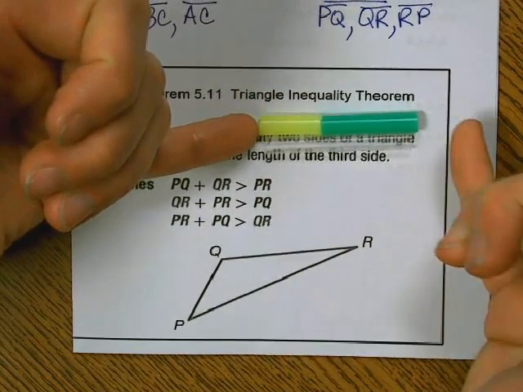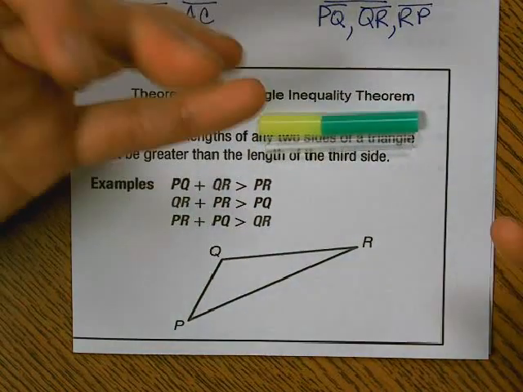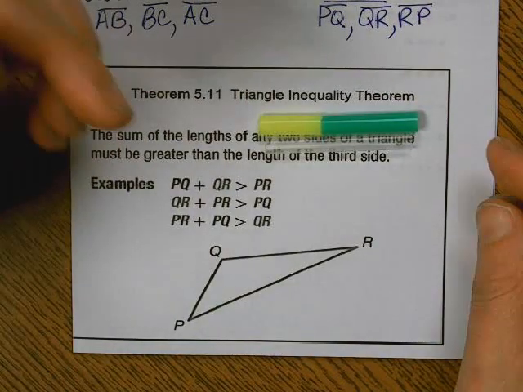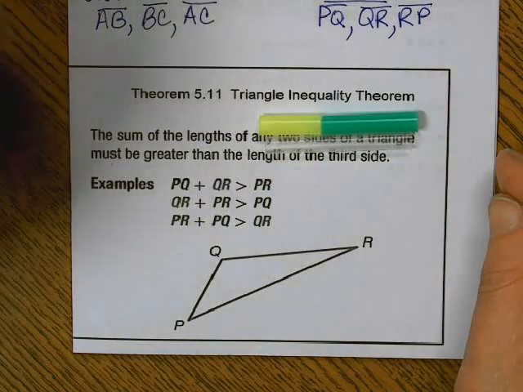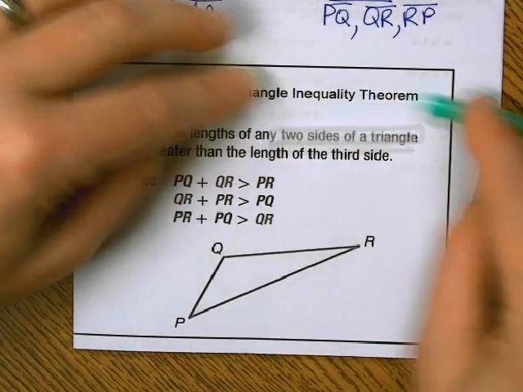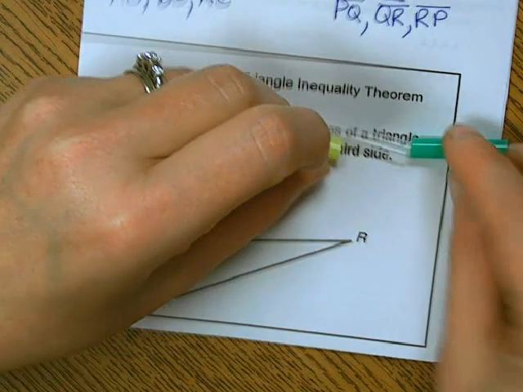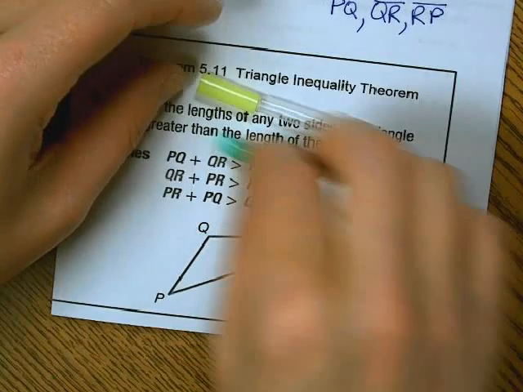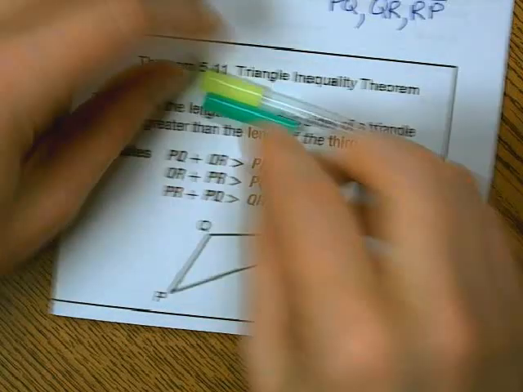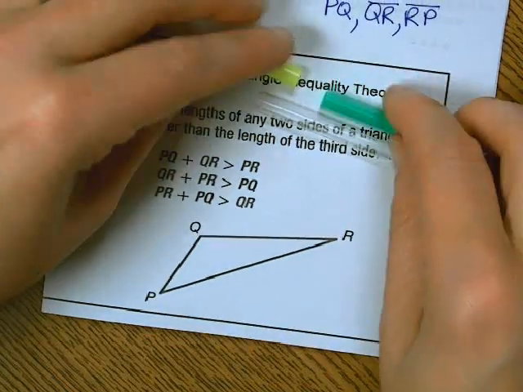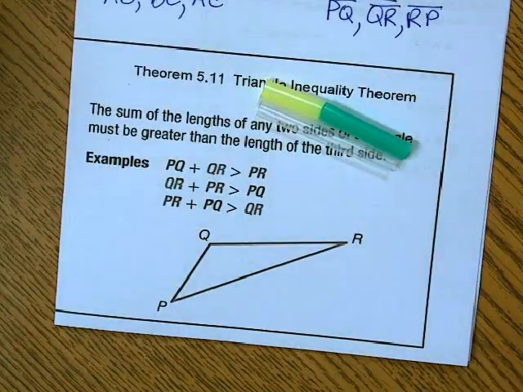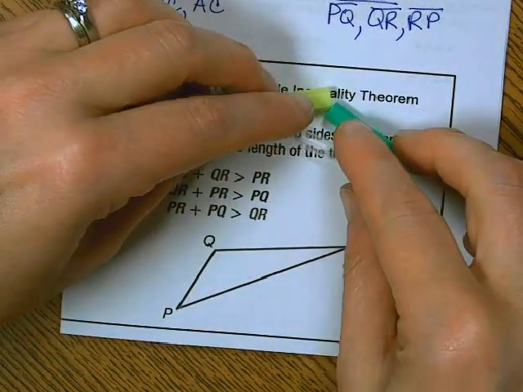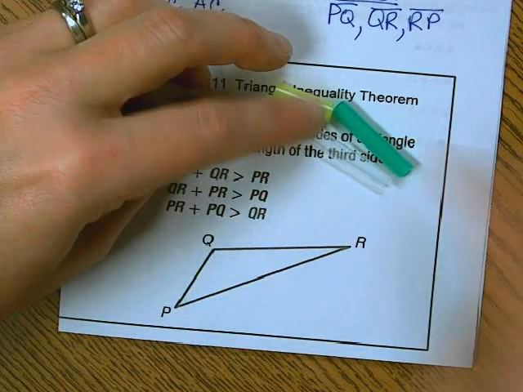So in order for my triangle to actually happen, every single side, if I add them together, has to be longer than the third side. So that works for the clear and the green, and it works for the clear and the yellow to be longer than the green, but it doesn't work if I put the green and the yellow together. And so that's why I can't make a triangle out of them, because there's just no way for me to bend these so that they make a triangle, okay?